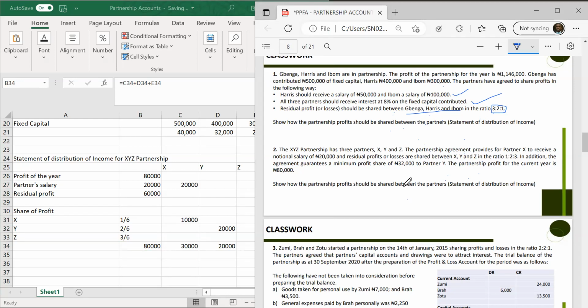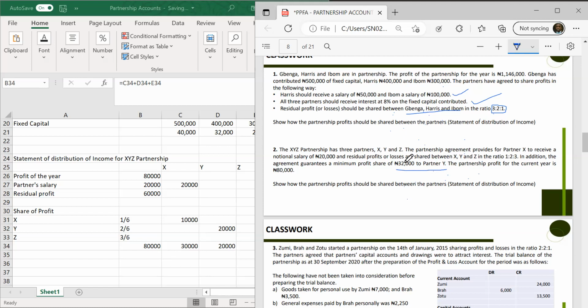In addition, the agreement guarantees a minimum profit share of 32,000 naira to partner Y. They said partner Y will get what?